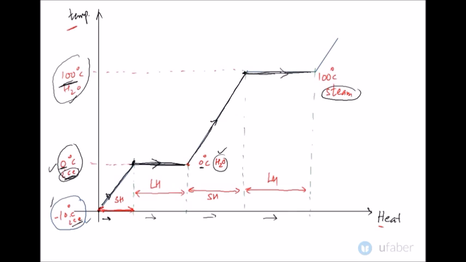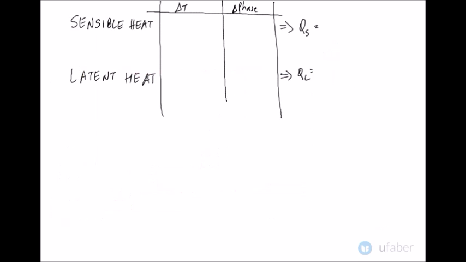Now summarizing it in the next slide is that sensible heat, you have some temperature change, but you do not have any phase change. In latent heat, you do not have any temperature change, but you have a certain phase change. Now mathematically putting it, sensible heat can be given as mc delta T and latent heat can be given as mL.